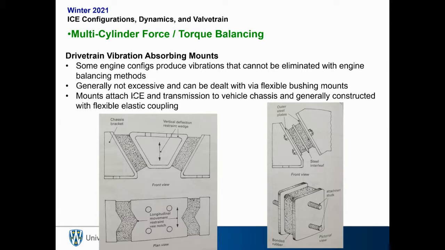A lot of these issues can actually be dealt with via flexible bushing mounts. So we attach the internal combustion engine transmission to the vehicle chassis with flexible elastic couplings, which isolate the vibrations from the internal combustion engine transmission from the chassis. Therefore, the passengers don't feel it as much.